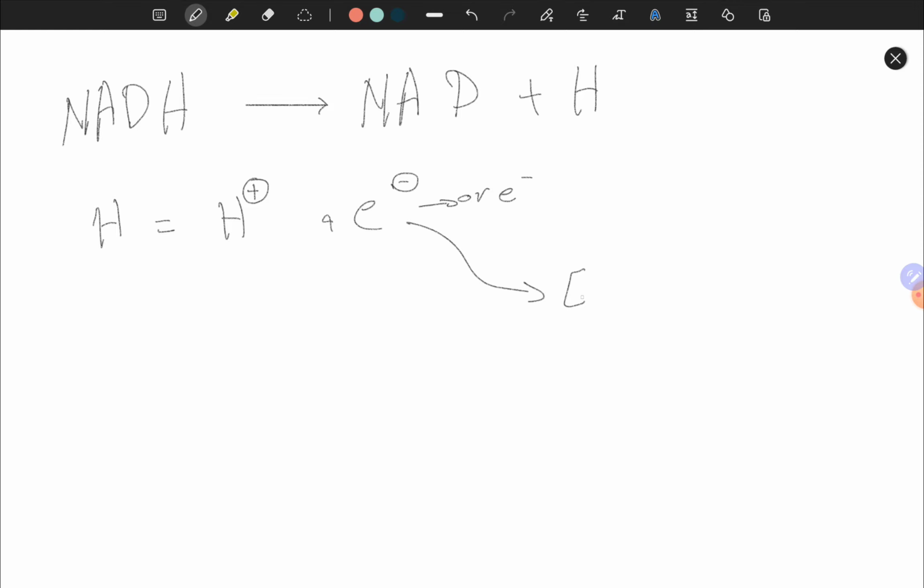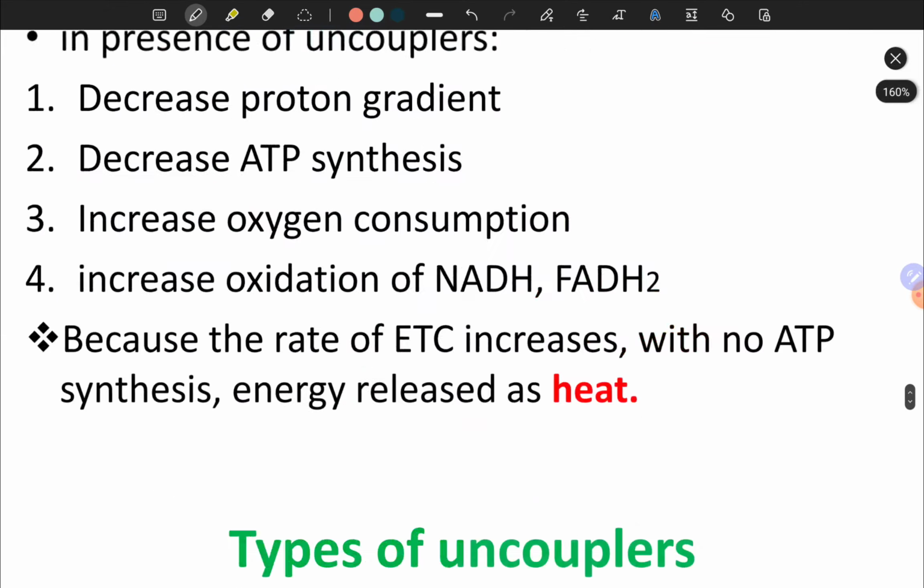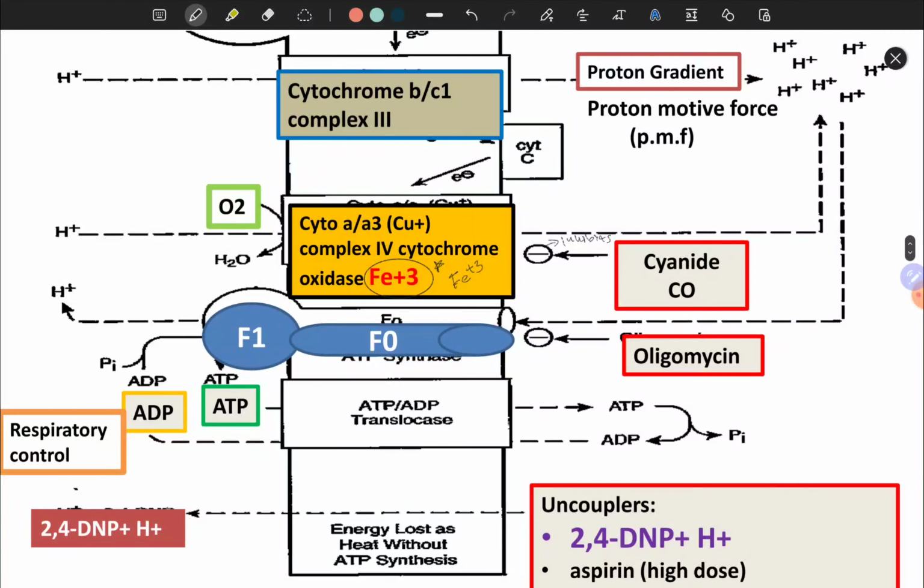So the electron part is a low energy electron now going to the oxygen to generate water. Now the energy resides in what's called a proton, okay? So this side, it's called a proton.